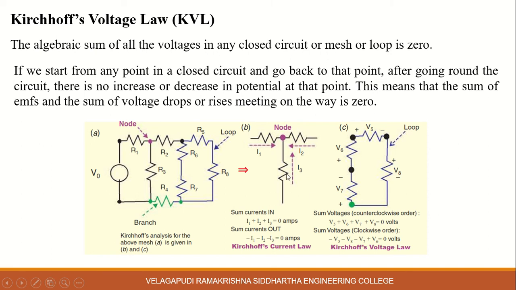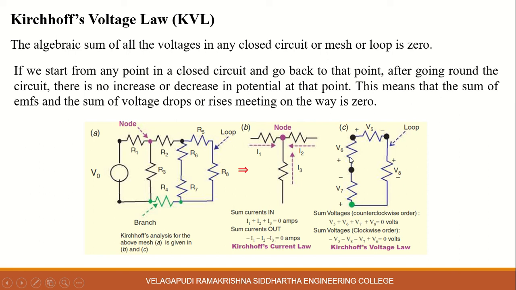In figure B, all the currents I1, I2, I3 are entering, so the sum of incoming currents I1 plus I2 plus I3 equals 0. Suppose all currents are leaving, then minus I1 minus I2 minus I3 equals 0.